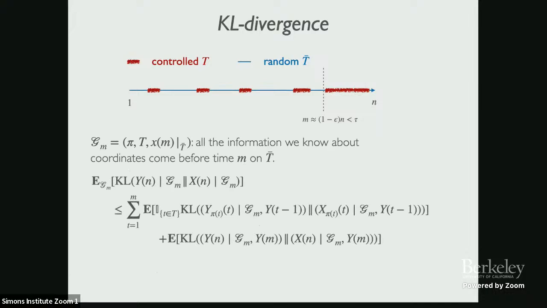Because our random process exposes the variables one by one, it's natural to analyze the KL divergence because of the chain rule.